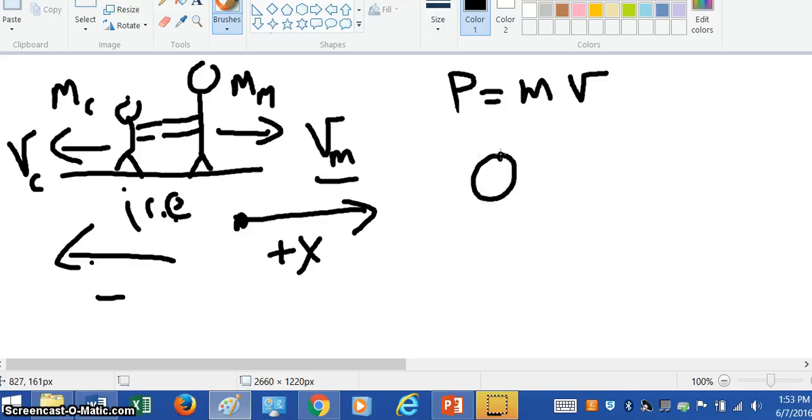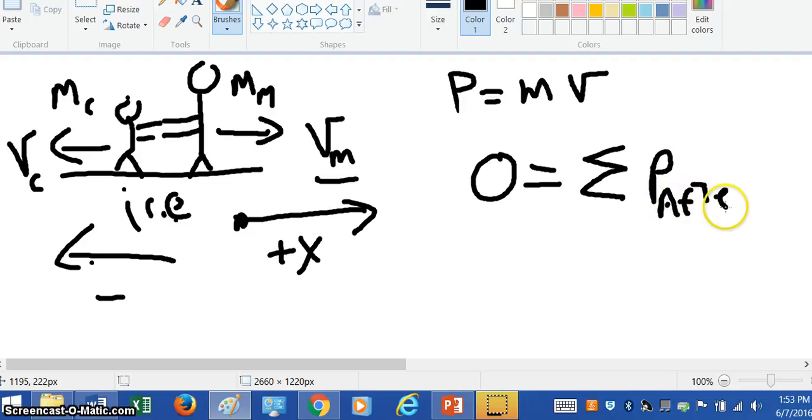And then after they push off, there's going to be some sum of the momentum of the mother plus the momentum of the child. The way we write sum in mathematics is using the sigma. So we have to add up the momentum of everything after the push.